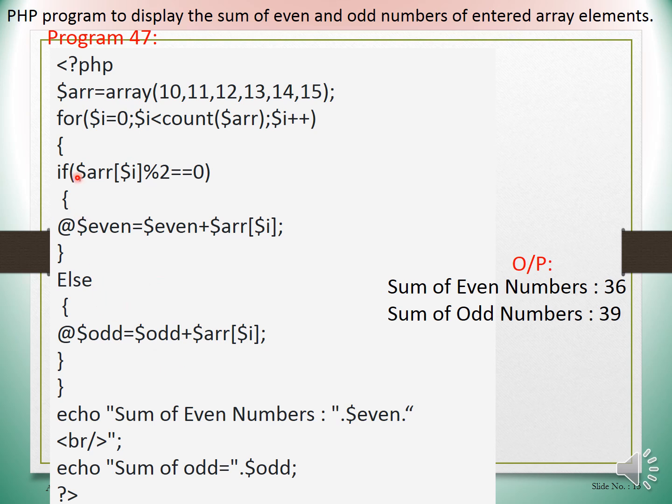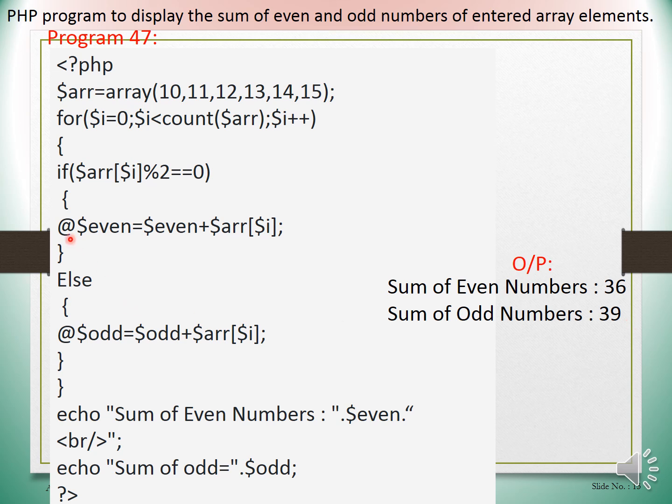Similarly, if this condition is satisfied, then it will add the number in even number, and if it is not satisfying, then it will add that number into the odd number. And finally we have displayed echo sum of even number as even, and sum of odd number as odd, and the sum of even number is 36 and sum of odd number is 39.